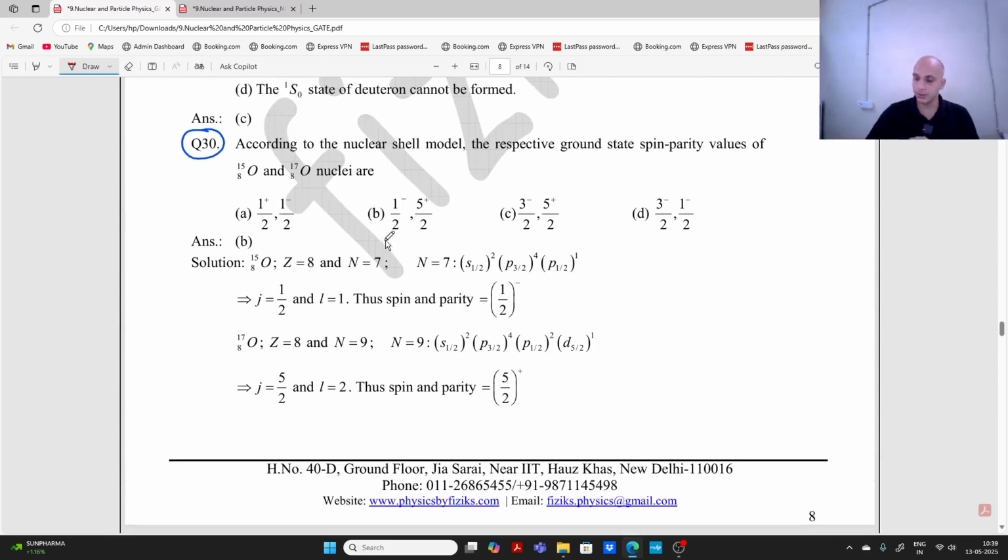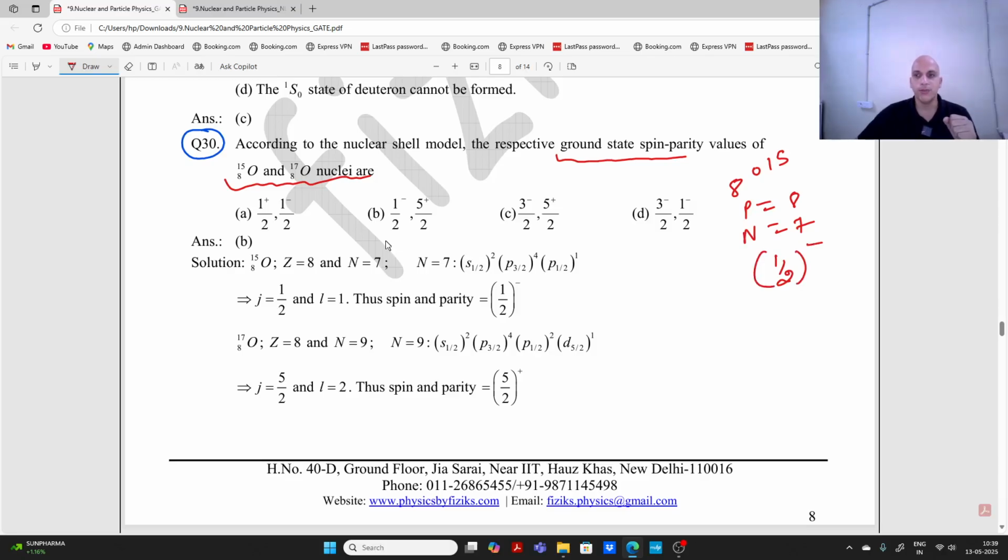Now, next question. According to the nuclear shell model, the respective ground state spin parity values of these 2 nuclei. In the first case, oxygen 15, means proton 8, neutron 7, right? So again, whatever we have calculated in the earlier case, it will be 1/2 negative, because the same thing is there.